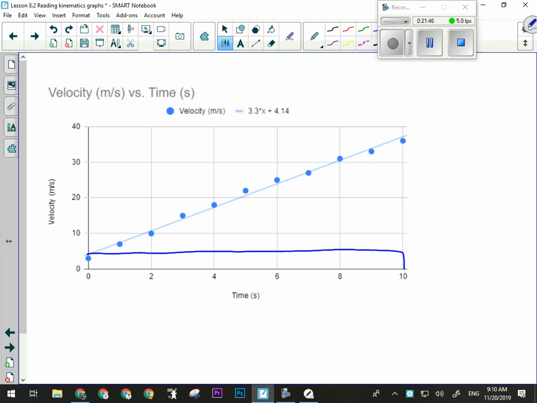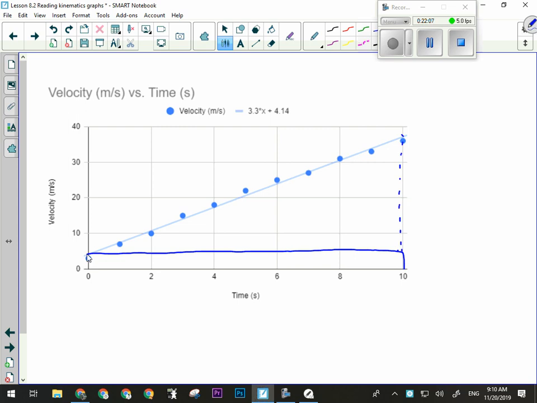Because it was moving at the beginning, I have to take that into account as well. If I just calculate the area of the triangle, I'll get the wrong answer because it'll be assuming that I started from zero, and I didn't start from rest in this particular question. So I've got this rectangle and this triangle.